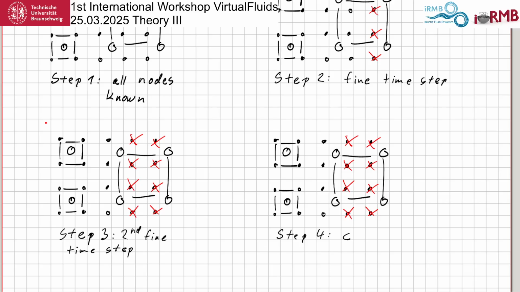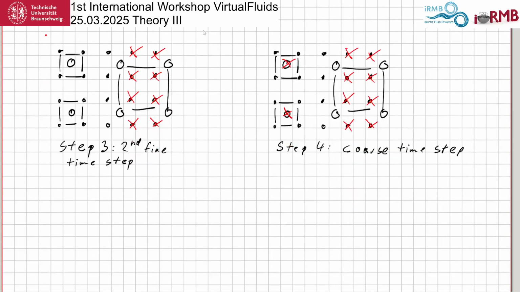We do a coarse time step. After we do a coarse time step, remember these coarse nodes here have no neighbors to their left, so they will become invalid too. So now we have lost all of them, and we have done 2 fine time steps and 1 coarse time step. Then after this, there is actually time for synchronization.